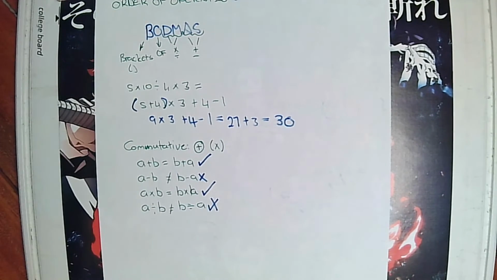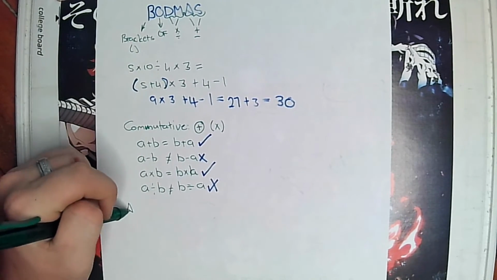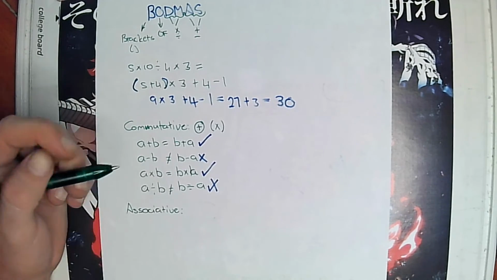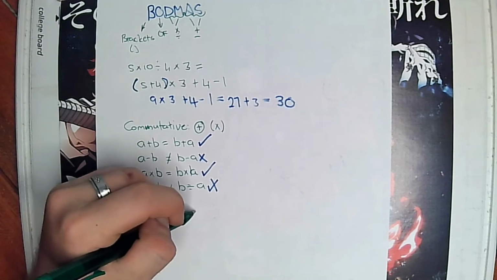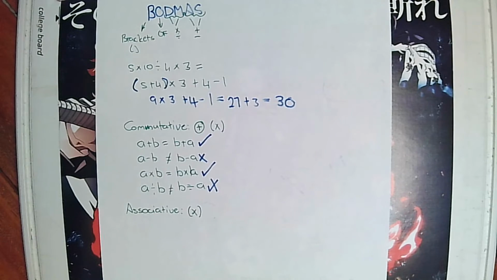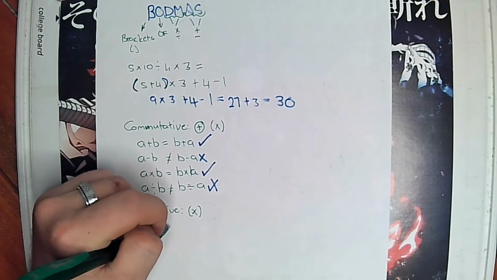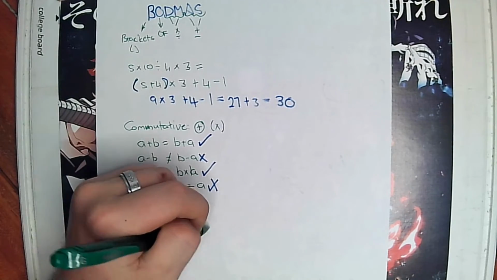The next law that we're going to look at is the associative law. So the associative law, again, holds for multiplication only. So what does that mean? Say we have A multiplied by B multiplied by C. It can be rewritten as, for example, A multiplied by (B multiplied by C).